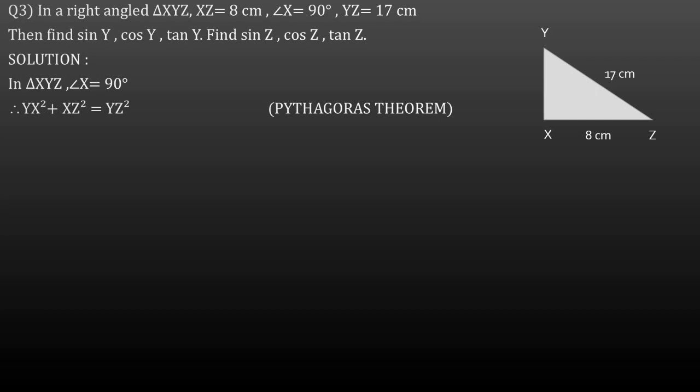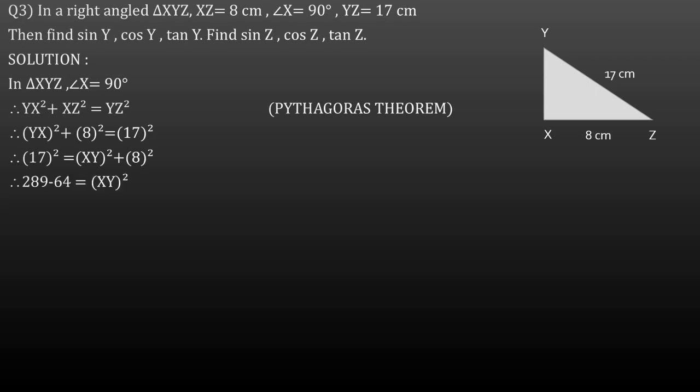So Pythagoras theorem says XY square plus XZ square is equals to YZ square. So therefore XY square plus 8 square is equal to 17 square. So therefore 17 square is equals to XY square plus 8 square. Again this I have rearranged it as it is.